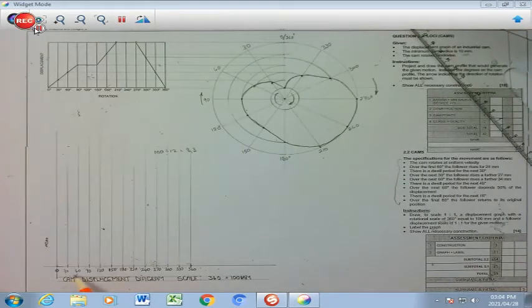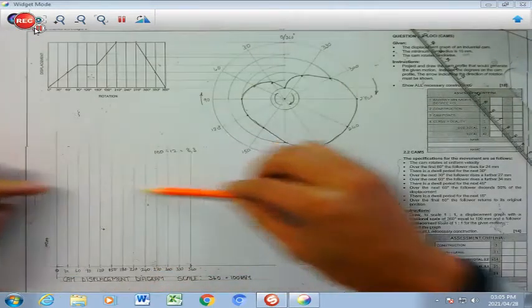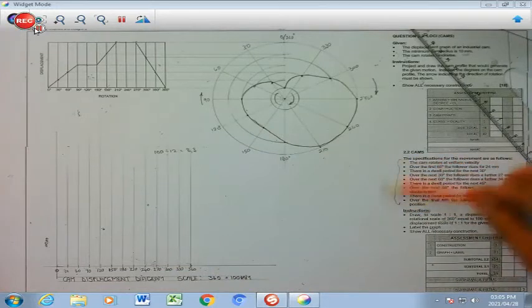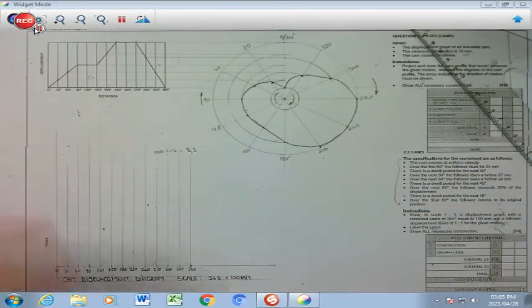There I've labeled my degrees along the horizontal axis of my cam displacement diagram, and I've also labeled my cam displacement diagram by writing it between two 5mm lines and my scale of 360 equals to 100 millimeters. We don't have the height of the cam displacement diagram yet, but we are going to go through the bulleted points and eventually that height will be determined.